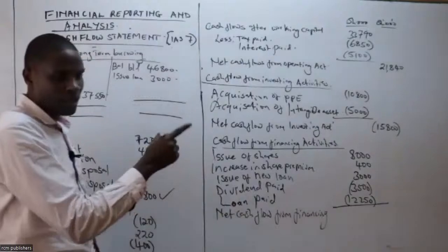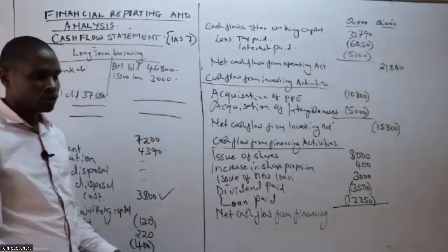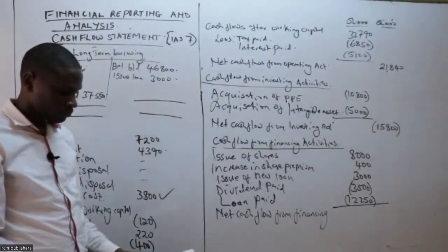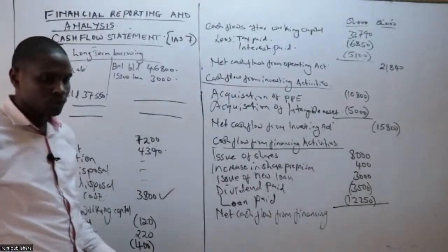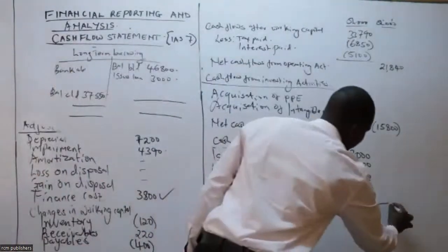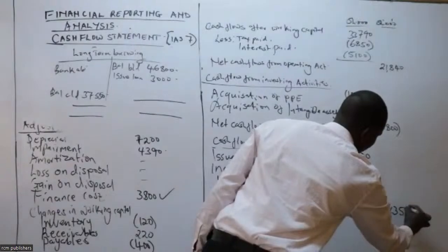Financing activity ni ngapi? Patia pale mwisho. So that we are able to get 4,350. People are getting 4,350, which is a negative.